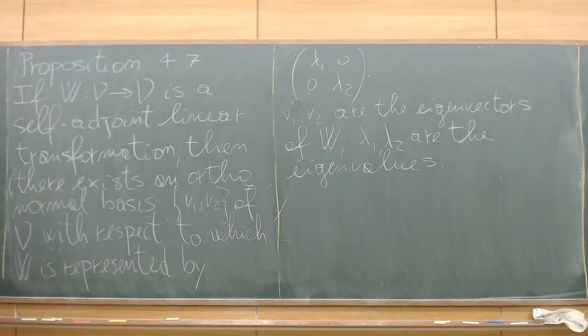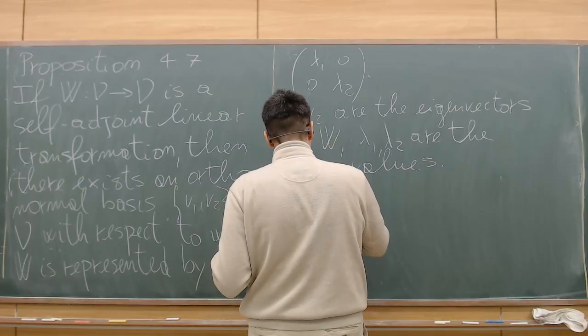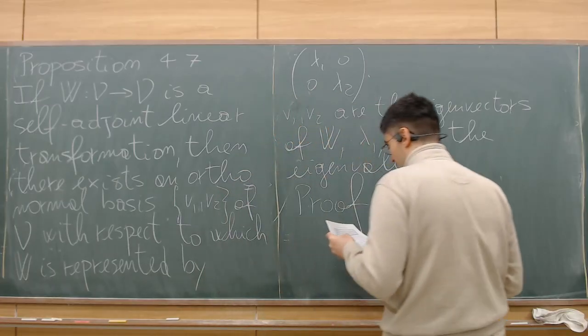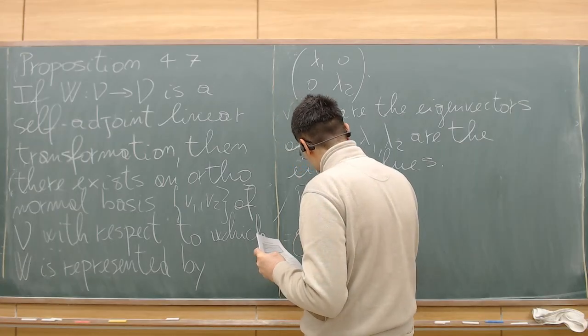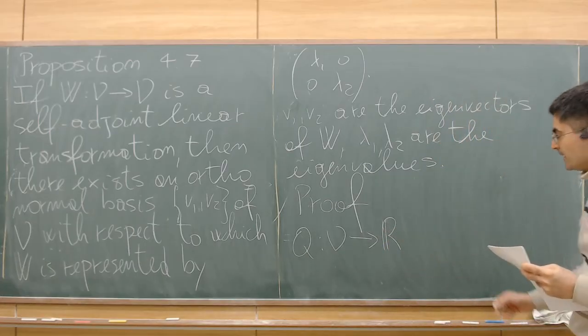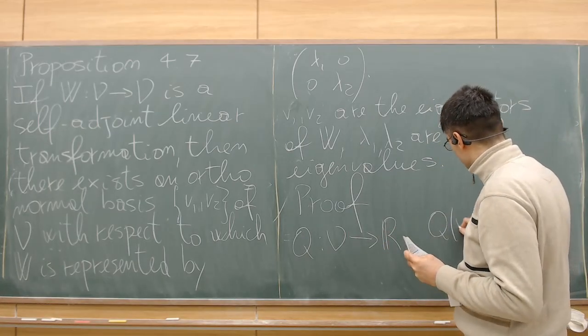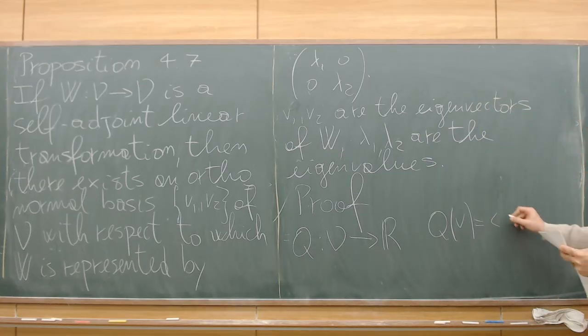Let's consider an auxiliary function Q defined on nu with values in R, defined this way: QV equal to the inner product of V with WV.